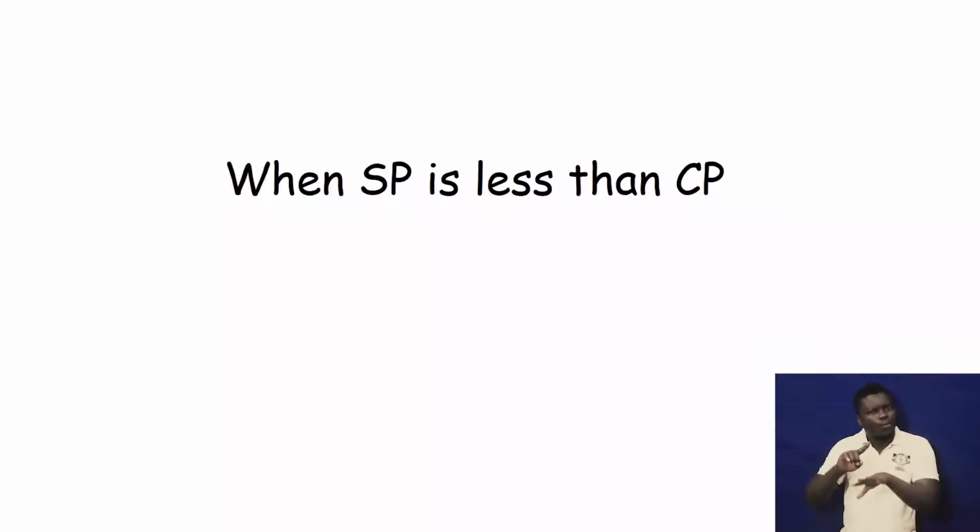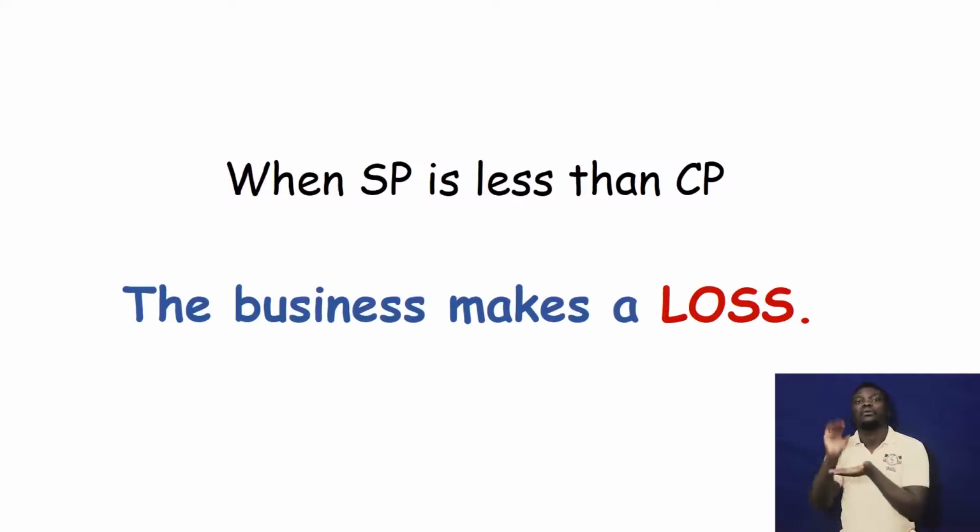Now, when the selling price is less than the cost price, then the business makes a loss. And a loss is not interesting. But it's also important for you to calculate the loss, such that you know when the business is making a loss and when the business is making a profit.